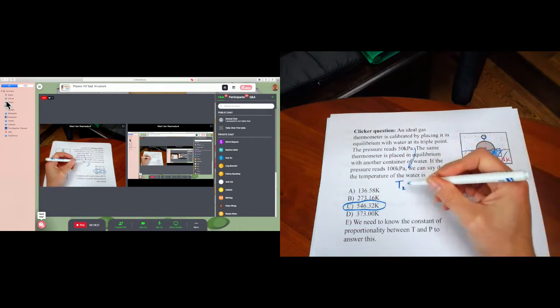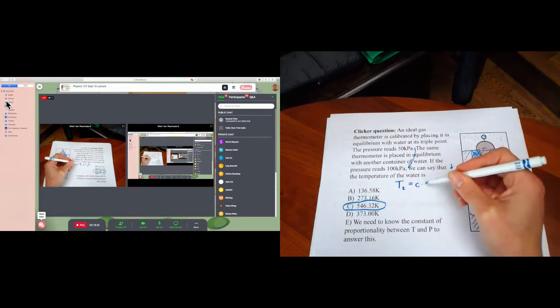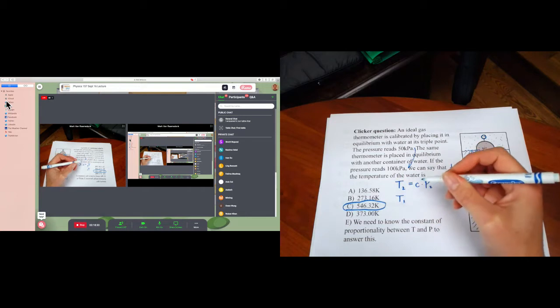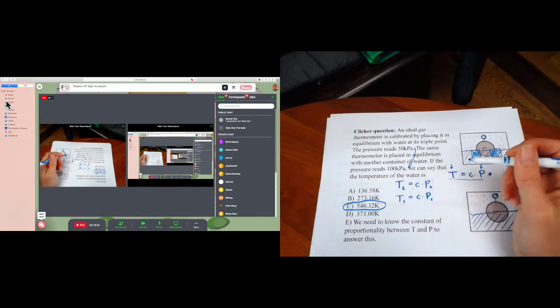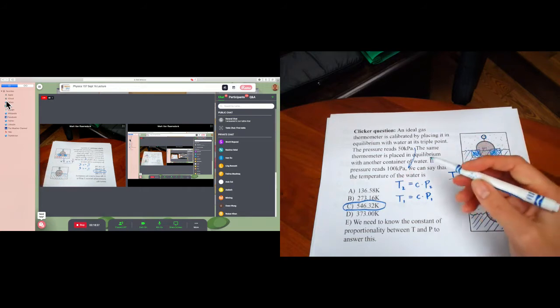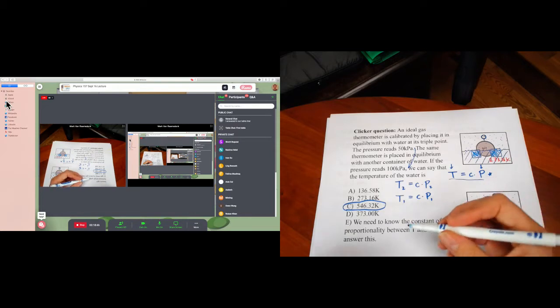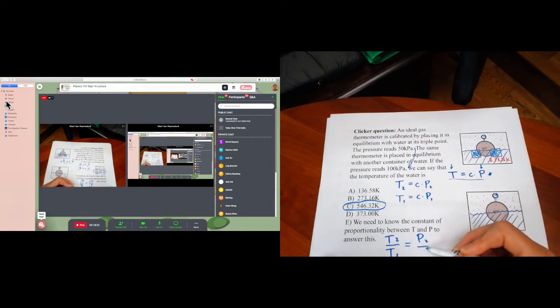In the second situation, T2 is equal to the constant times P2. In the original situation, we had some other temperature, T1, equal to the constant times the original pressure. A convenient thing to do is to divide these two equations, so the quotient of the left sides equals the quotient of the right sides. So T2 over T1 is equal to P2 over P1.